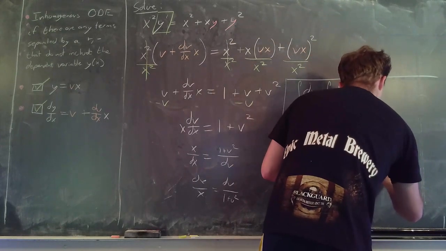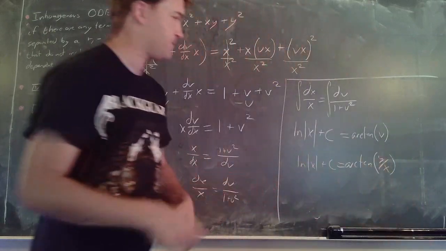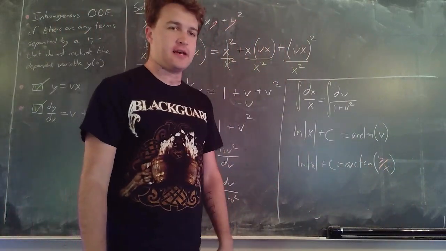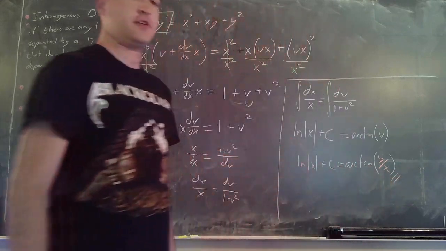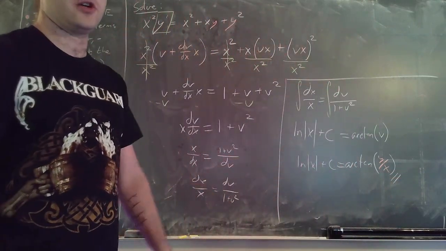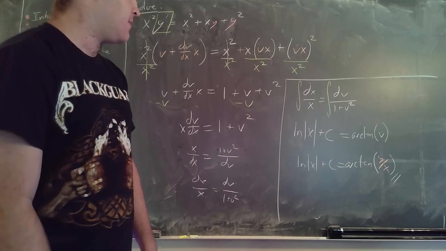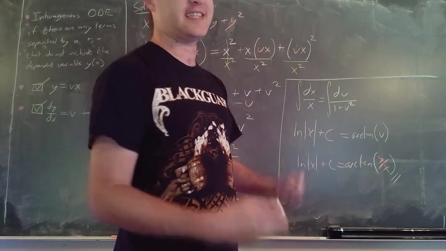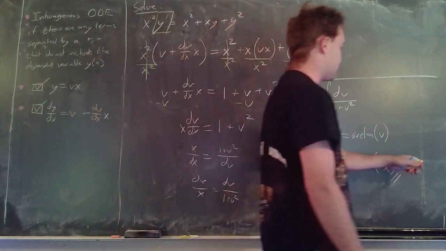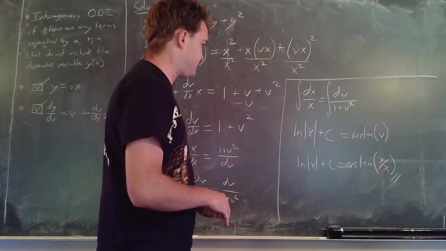I'll have y over x on the inside of arctangent. And then of course it can be noted that what we're going to do at this point is maybe try to solve for one thing or the other, just depending on what is required of your class. And maybe I want to collect the constants over on the right-hand side. And since that's just arbitrary, I can just move the plus c from one side to the other. There's no issues with that whatsoever.